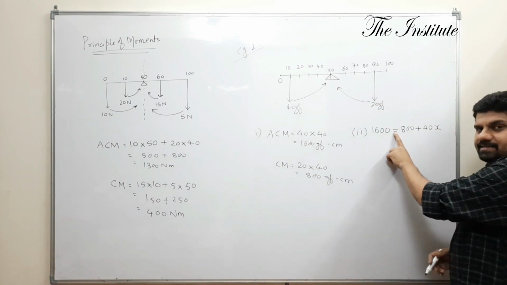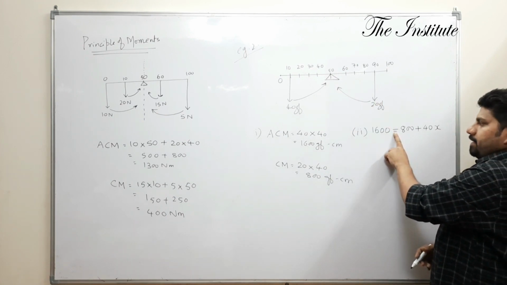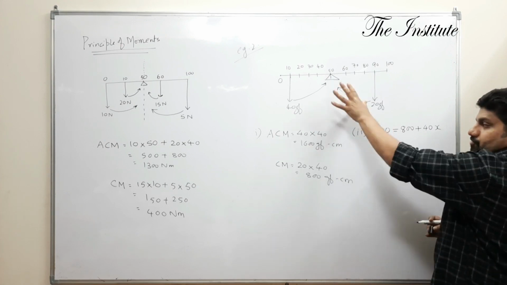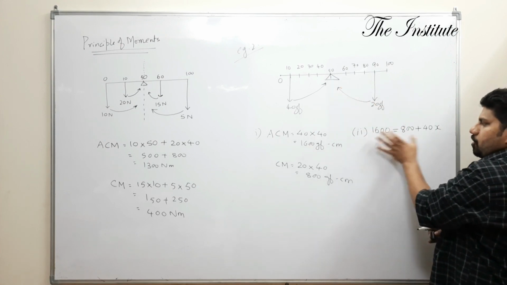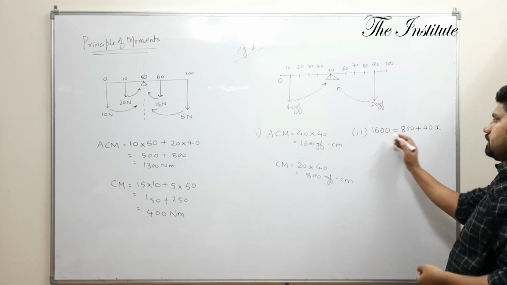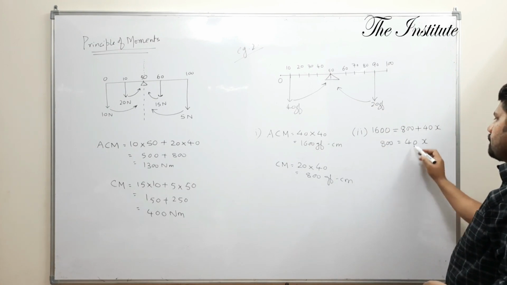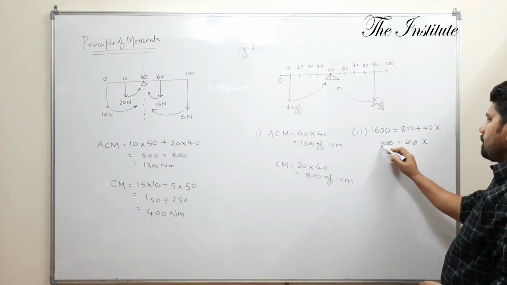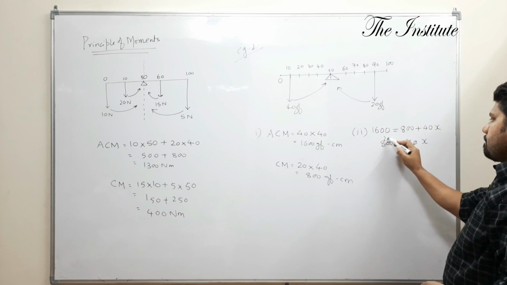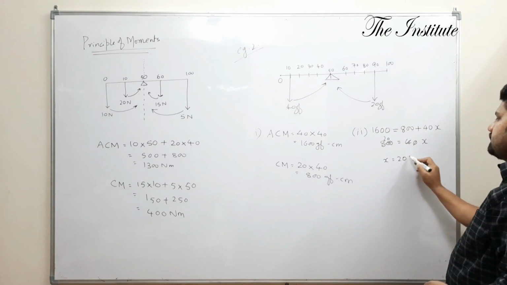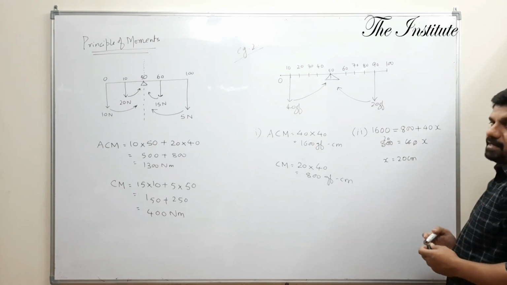Why are we putting this equal to sign? Because we want this ruler to be in equilibrium. Anti-clockwise is equal to total clockwise. So let's solve it. X equal to 20 centimeter.